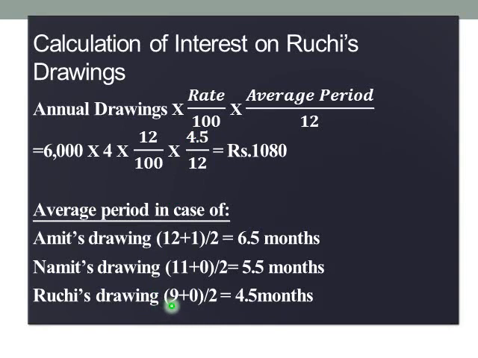Her first drawing will be on 30th June 2019 and last drawing will be on 31st March 2020. So the average period will be 4.5 months divided by 12 and that comes out to be 1080. Here I have shown you how to calculate average period in all the three cases: the average period of Amit, of Namit and of Ruchi.